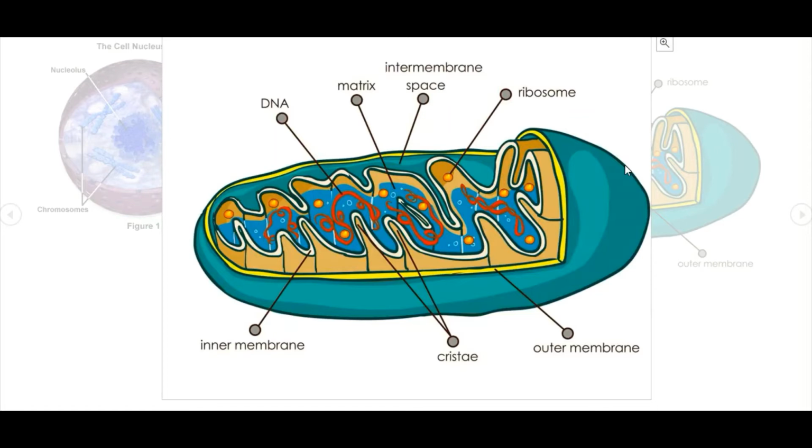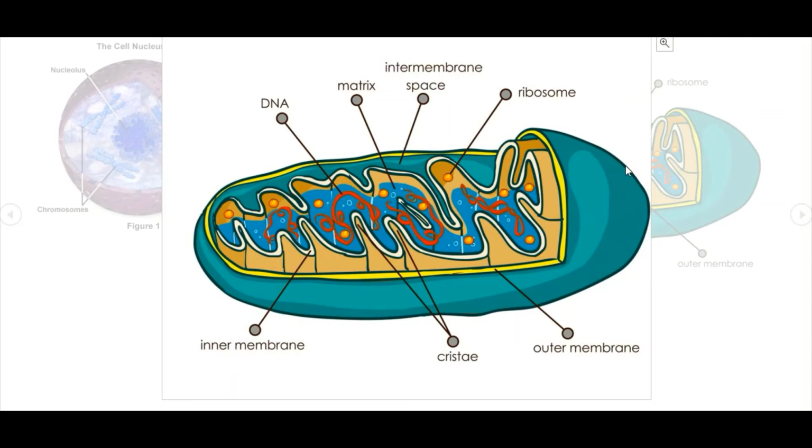Remember what I said: if the cell is a factory, the mitochondria would be like the power supply, giving electricity and light to the factory, allowing the workers to do what they have to do. The mitochondria is the organelle responsible for providing energy to the cell, and it does so by producing what is known as ATP, adenosine triphosphate molecules.